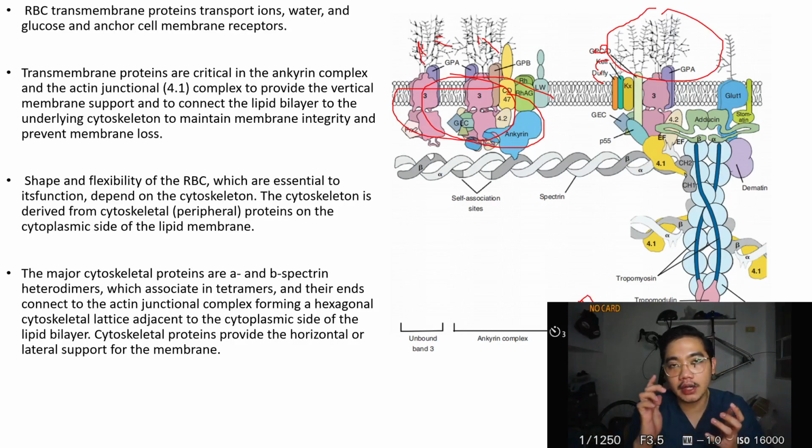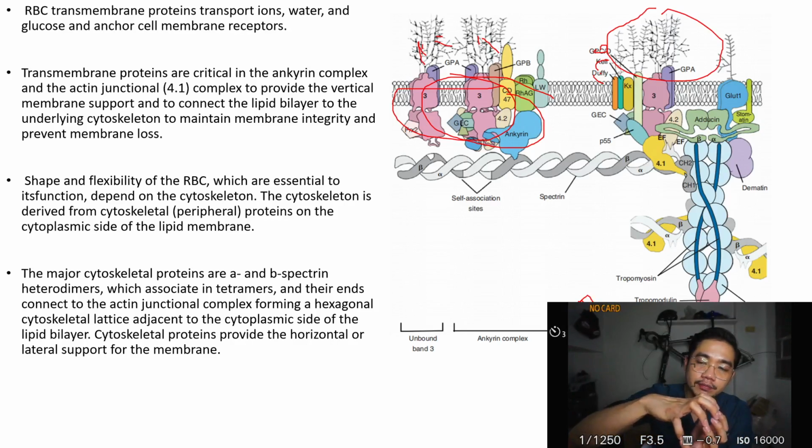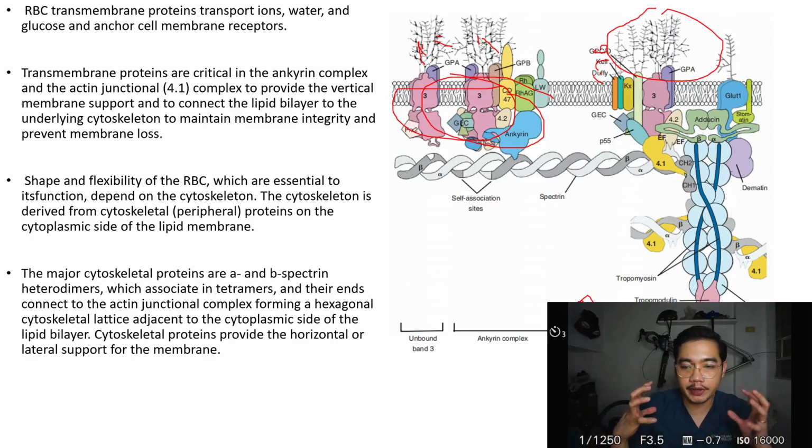Because if there is any problem or there is any absent protein in that complex, then your overall vertical support will decrease. Eventually, your RBC will now become a sphere.